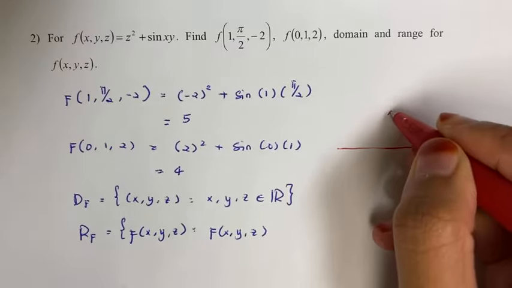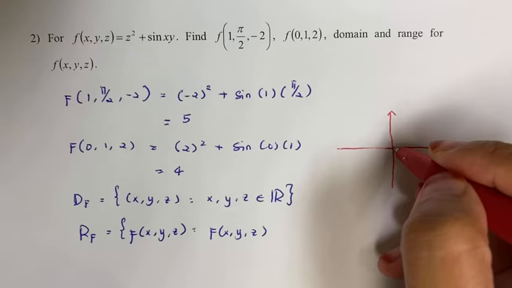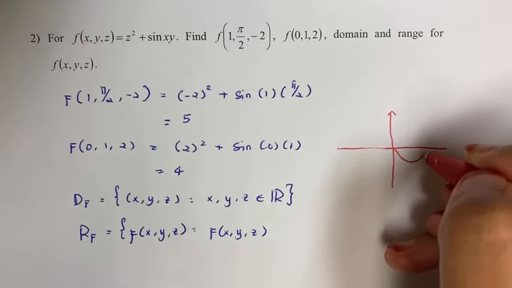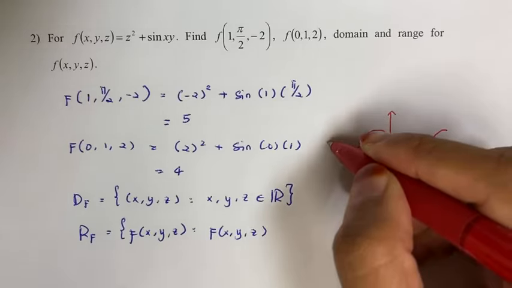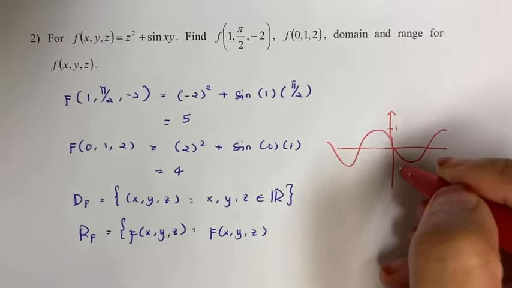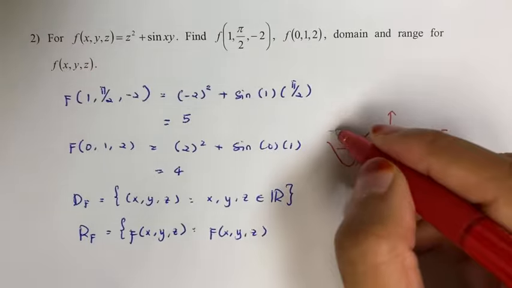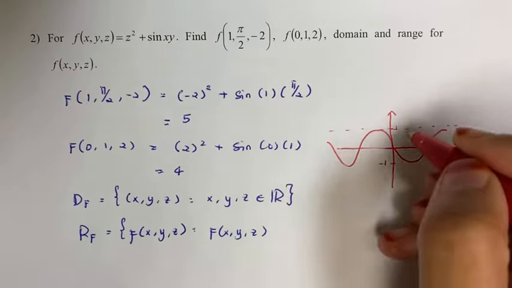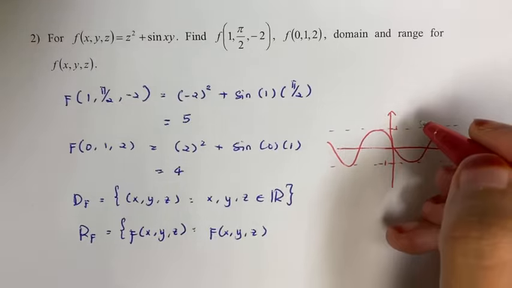The graph for sine is this one. Since you have sine 0 equal to 0, you have this one, so this is 1, this is minus 1. So the range here will always be in between -1 to 1.